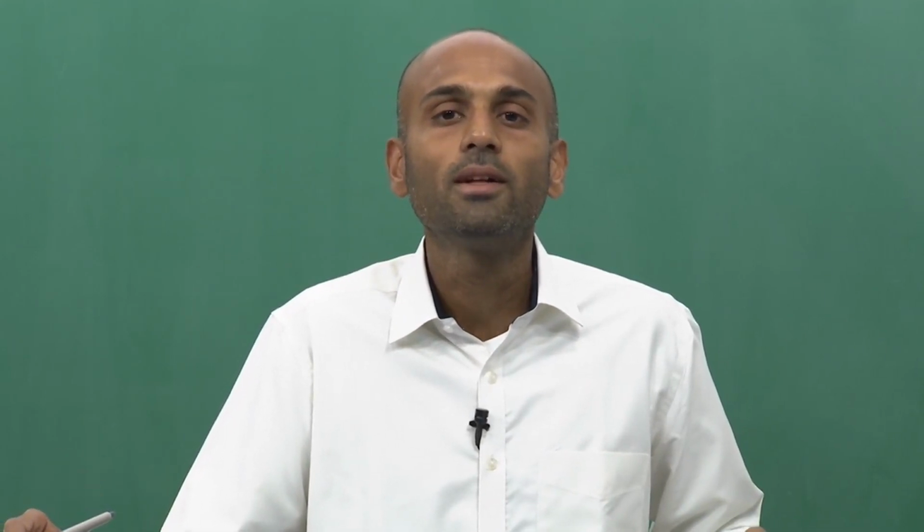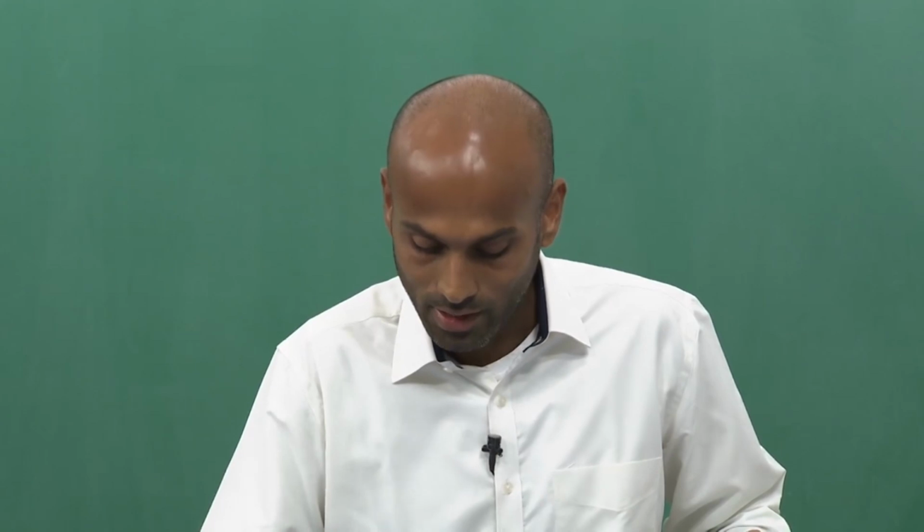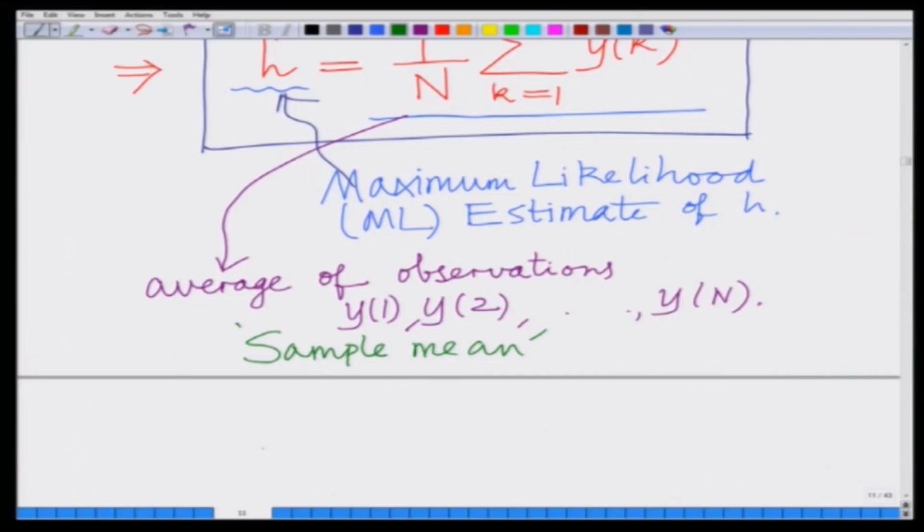Therefore, this is known as the maximum likelihood estimate. So it turns out that in this case the sample mean is your ML estimate, which is something very important, which we have learnt in this module.